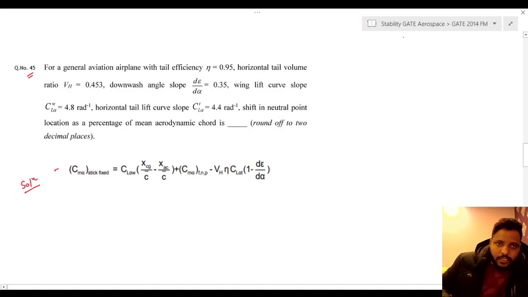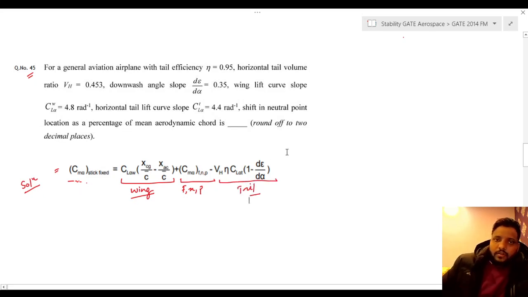Here you can see the equation. This is the equation of pitching moment coefficient slope for the stick fixed case, and in this equation there are three parts. The first part is the wing contribution to the pitching moment slope, the second is the fuselage, nacelle and power plant contribution, and the third one is the tail contribution.